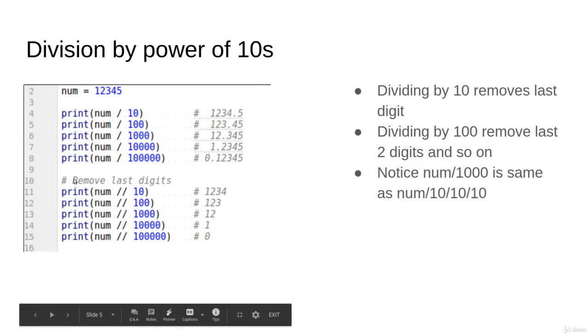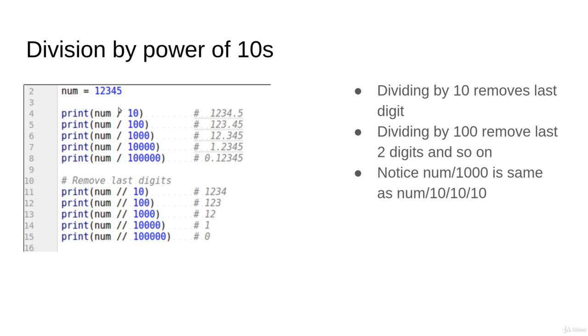The division by 10s is very interesting. We can have the normal divisions by 10 to get maybe 1, 2, 3, 4.5, 0.45, 0.35. This is totally okay. But what happens when you integer divide by tens or powers of ten? You notice it looks like we are just getting rid of the fractional part. Looking at these, we are actually removing the last digits.